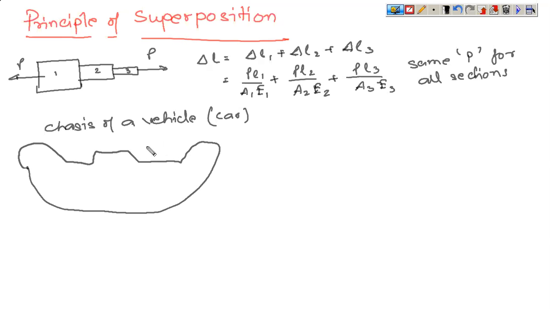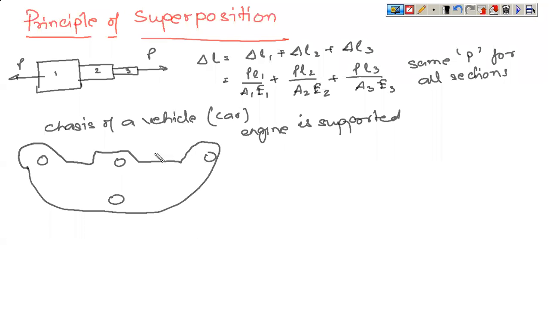This is the shape of a chassis. Now here, these are 4 bolts placed on the chassis. A chassis in a car is a structure on which the engine is supported.